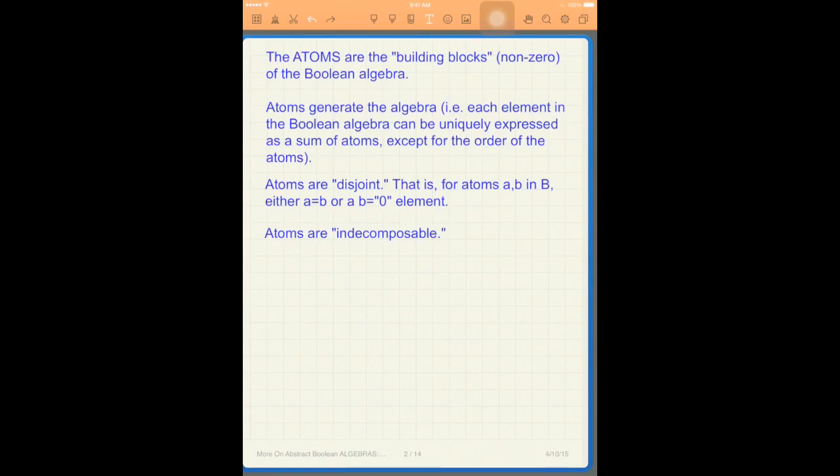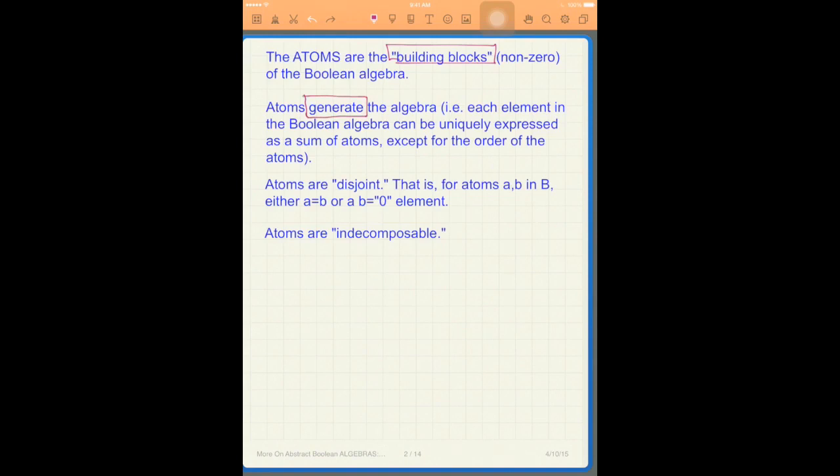So the atoms are the building blocks, and they are the non-zero building blocks of your Boolean algebra. What that means is the atoms are said to generate the algebra.